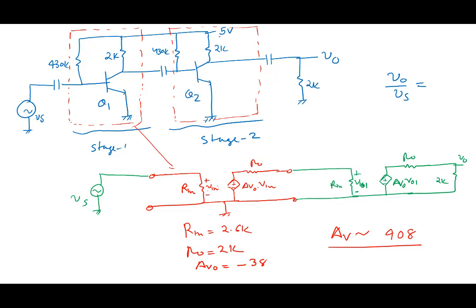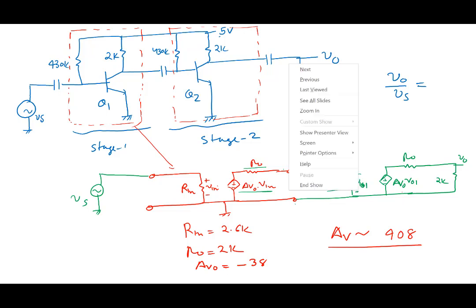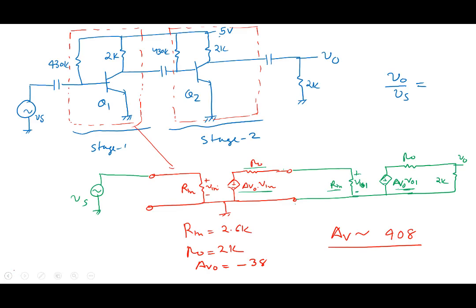Starting from here, V in is VS. The voltage that appears here is AV0 times V in. There is R0 and there is Rn here, so a voltage divider will give you V01, and once you get V01, you will get this value here, and then there is a voltage divider again, and you will get the final value for V0.